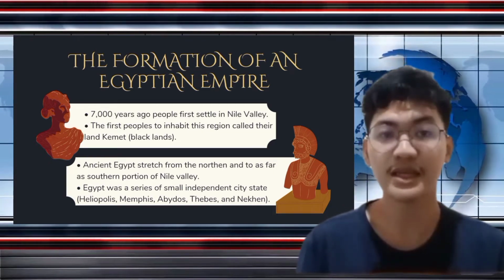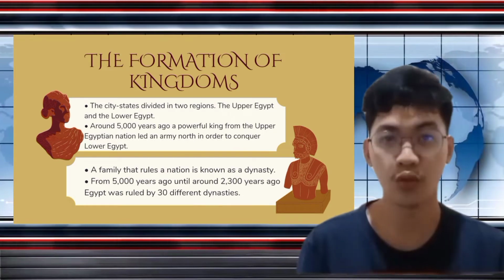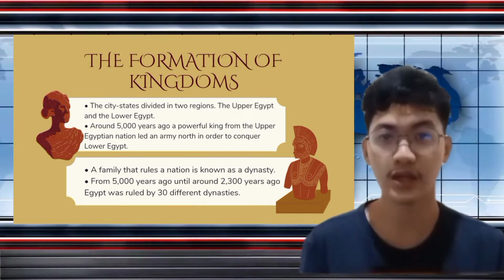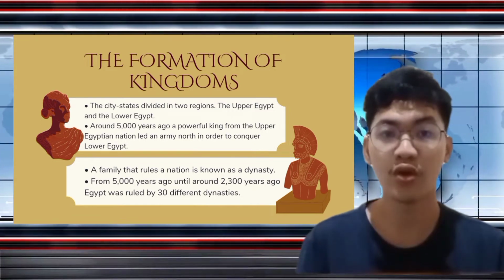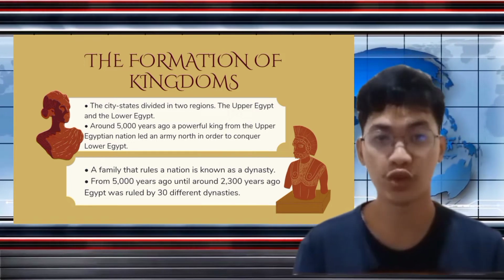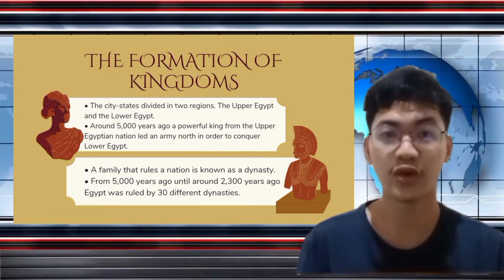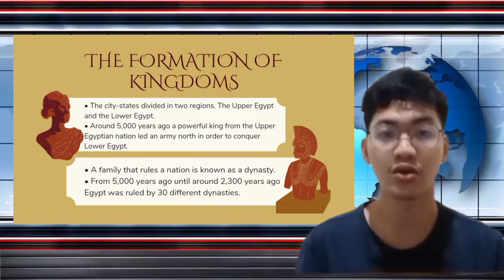The city-states divided into two regions, Upper Egypt and Lower Egypt, named according to the flow of the Nile. Upper Egypt is in the south, which was upstream, or the direction toward the fluid source, and Lower Egypt is in the north, which was downstream, or the direction where the current flows.